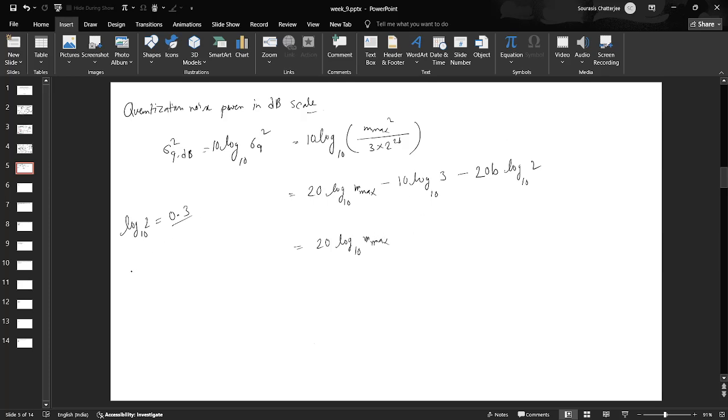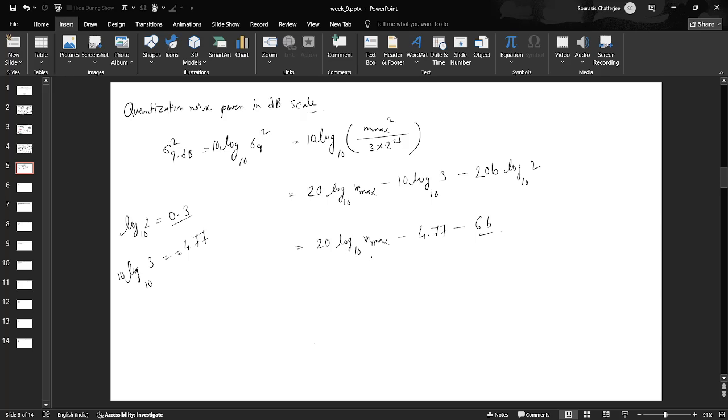This 10 log base 10 3 value is around 4.77, so let us put that minus 4.77. Here I have 0.3 times 20b, so 20 into 0.3 is 6, so it's 6b.